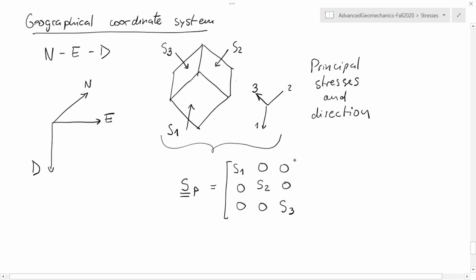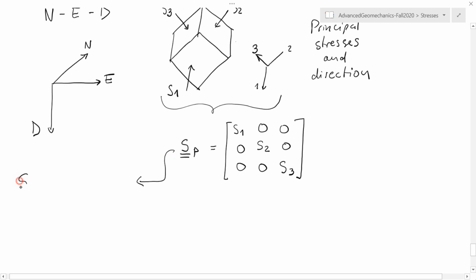This is the convention whenever I'm writing the stress tensor in the coordinate system of the principal directions. I can write this stress tensor in the geographical coordinate system. I'm going to call it SG. And in the general case, all of these values are going to be non-zero values.